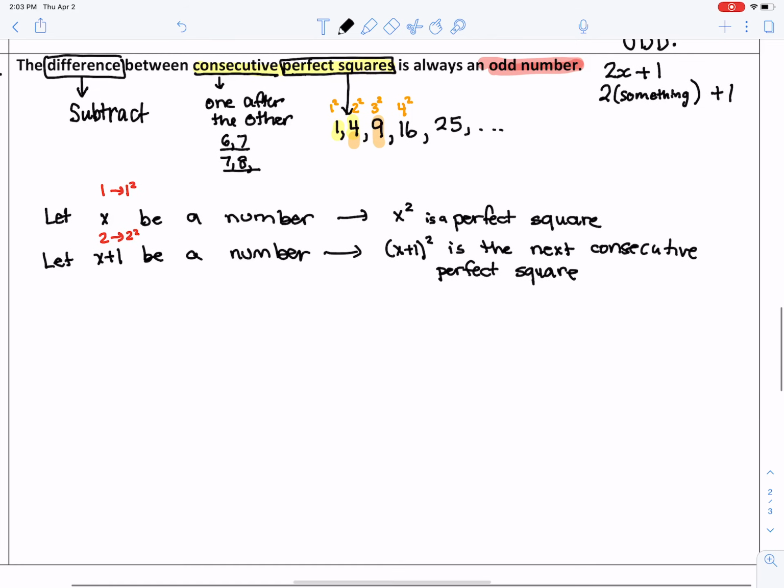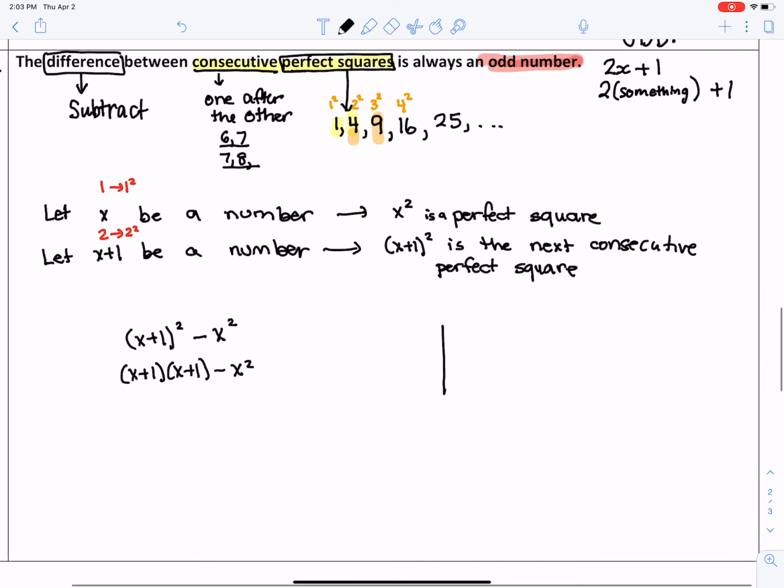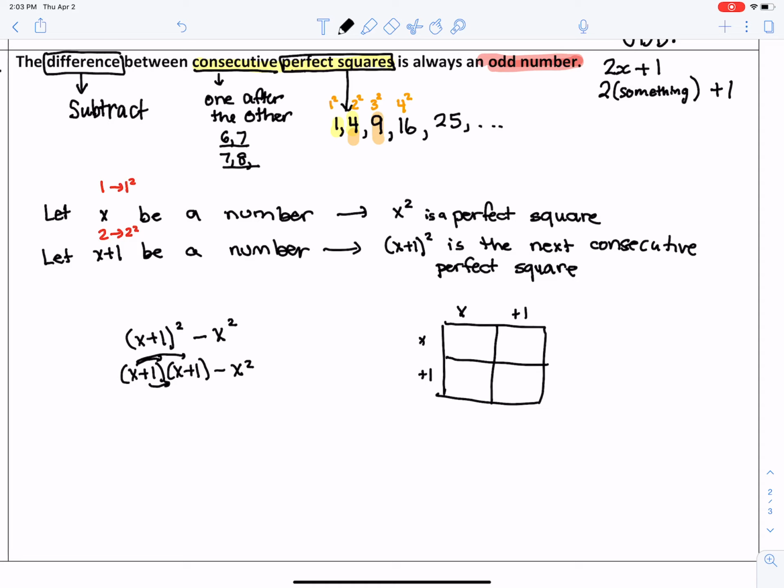Okay, so now we have to take these 2 perfect squares and we have to actually subtract them. So now let's simplify this out. x plus 1 times x plus 1 minus x squared. Now I know in our class we talked about doing a box to help you organize your thinking with the squaring, but you don't have to. x plus 1, x plus 1, or you just do your distribution.